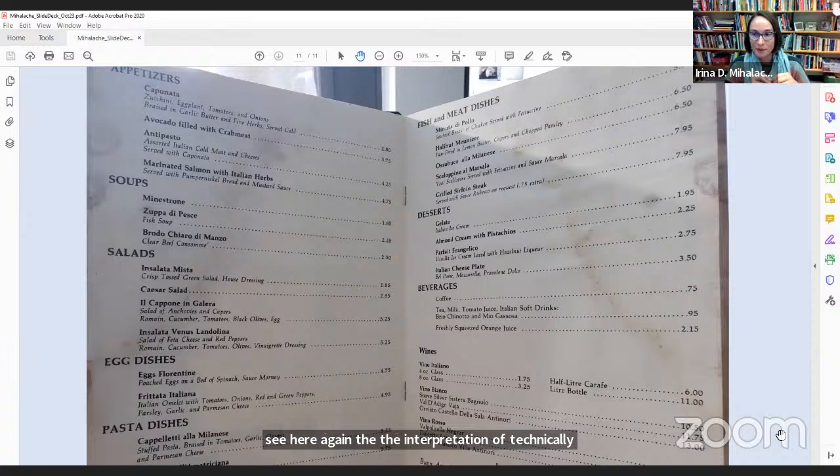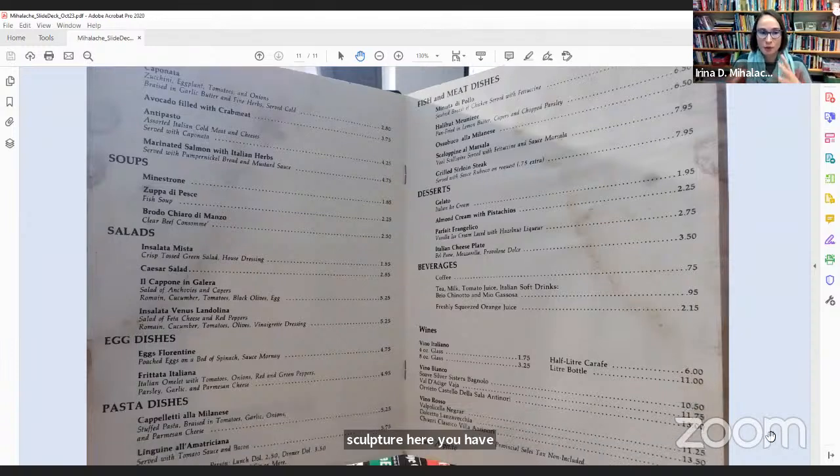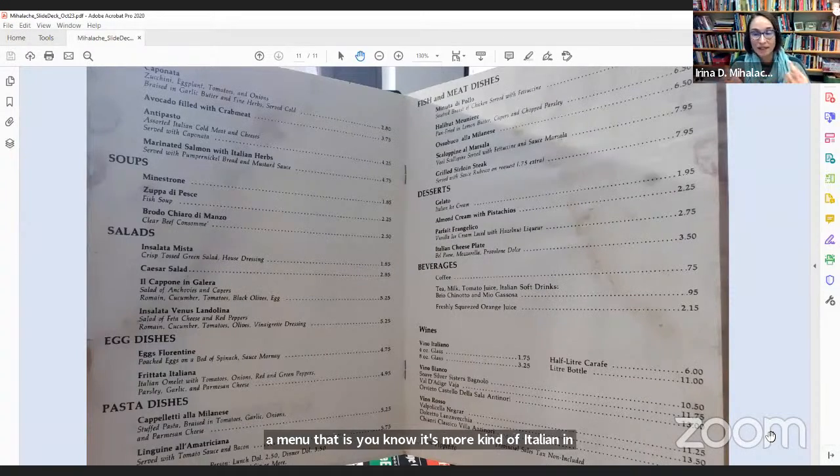It's a Greco-Roman sculpture. Here you have a menu that is more Italian in style, but also brings in some elements of the menu that we noticed before.